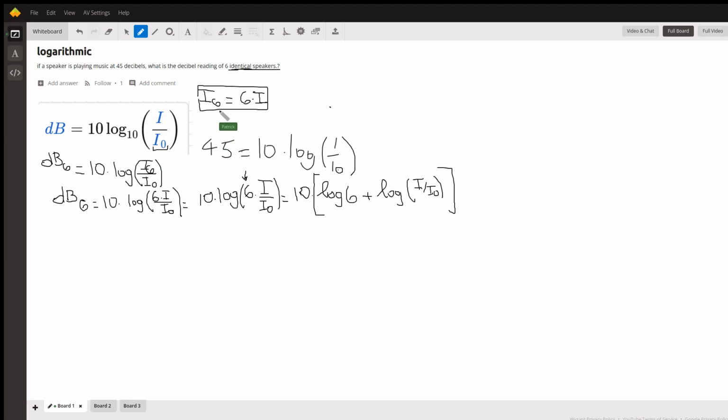And what do we know about the sound level of one speaker from the question? One speaker is playing music, aka has a sound level of 45 decibels. So you see, we didn't need to find I, the sound intensity of that speaker, and we didn't need to plug in I0.